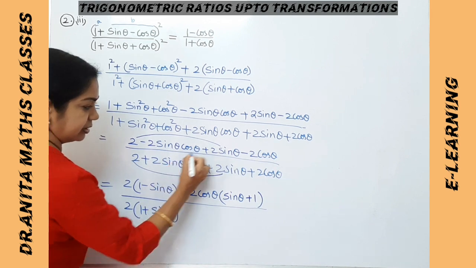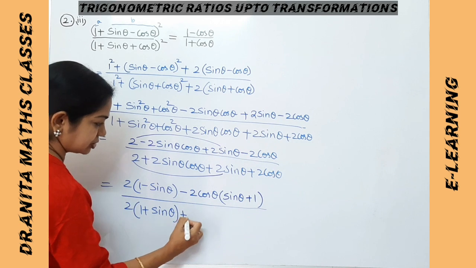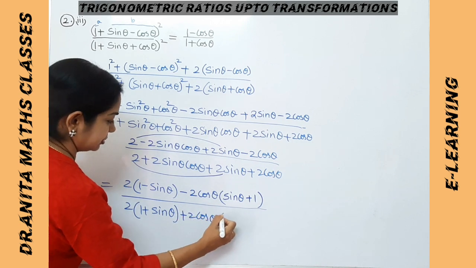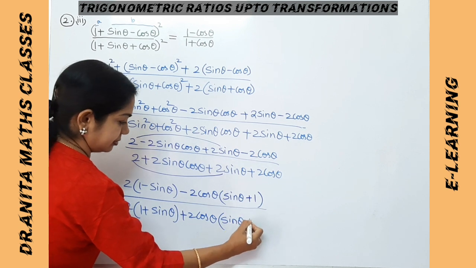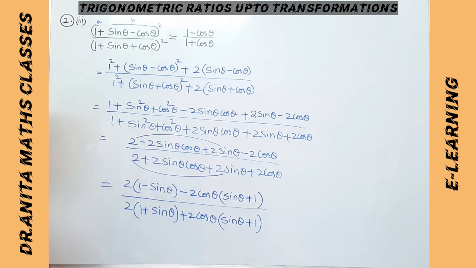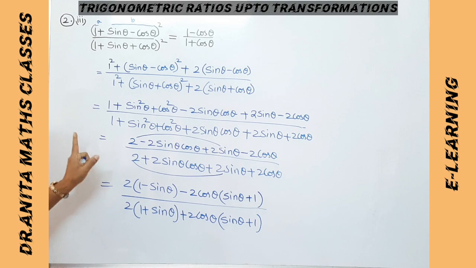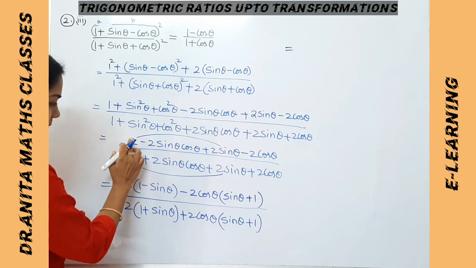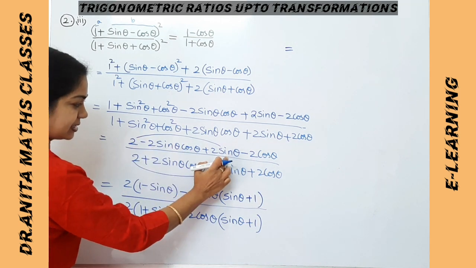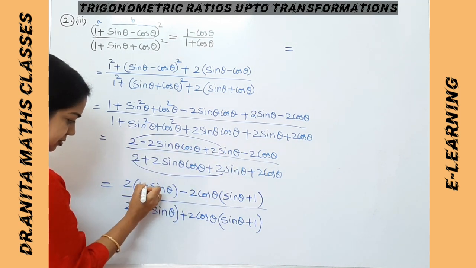And in these two, if you take plus 2 cos theta, you get sin theta plus 1. Pause the video and note it down. Let's see the continuation part. Now if you take here, from the above, once we check 2 and 2 plus. Here this is plus. Sorry, here.